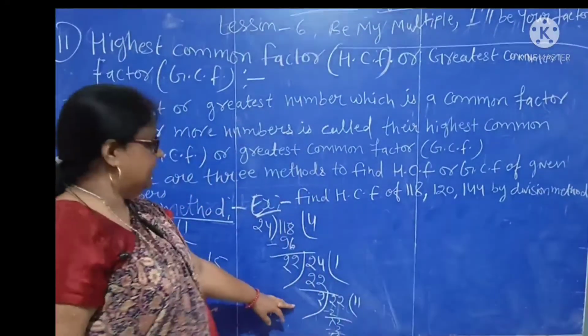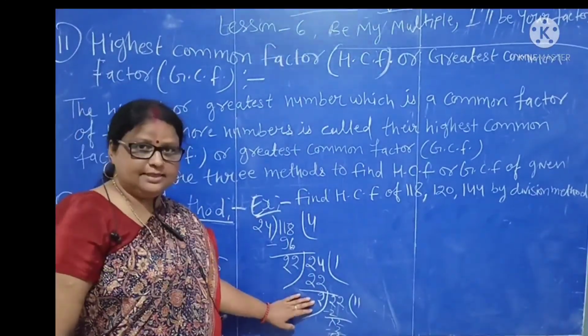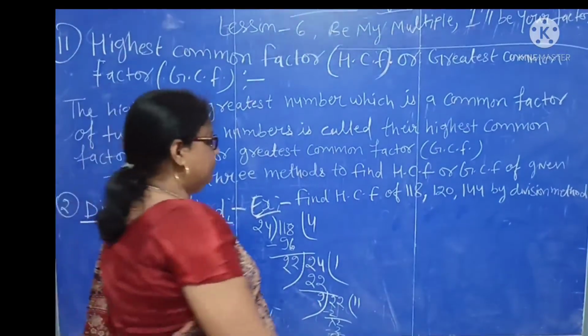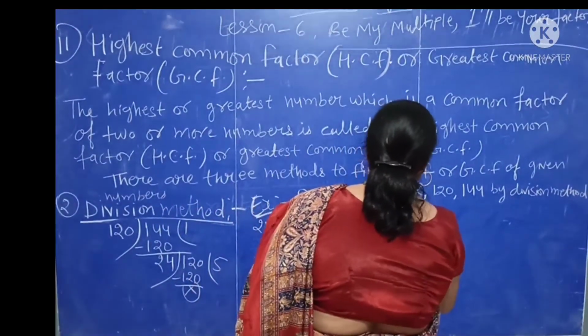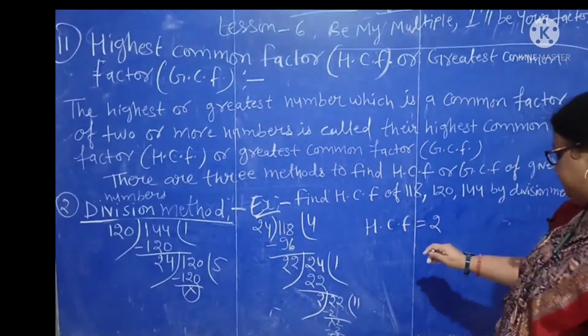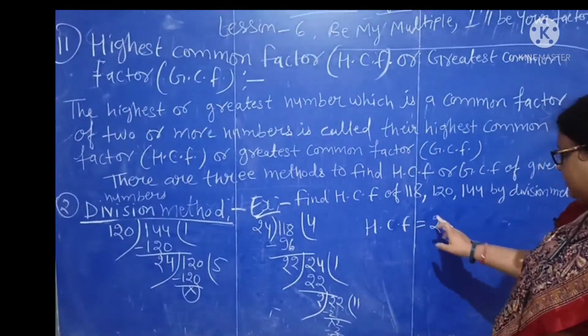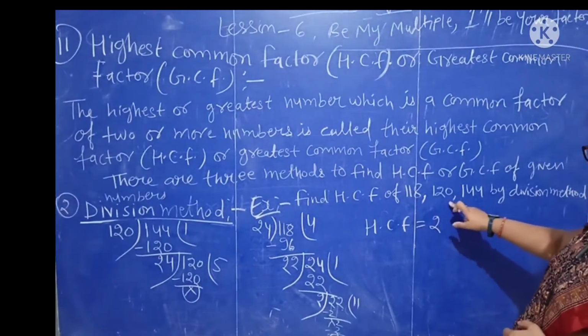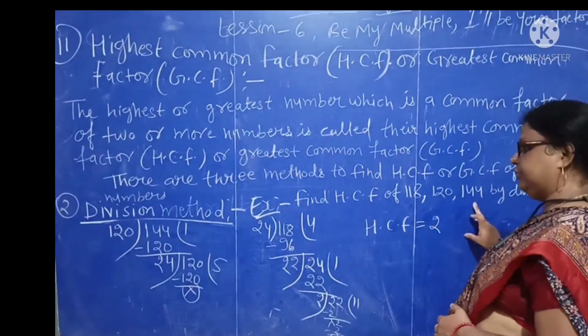So here is the last divisor. The last divisor is called HCF. So HCF is 2. So 2 is the highest common factor of 118, 120 and 144.